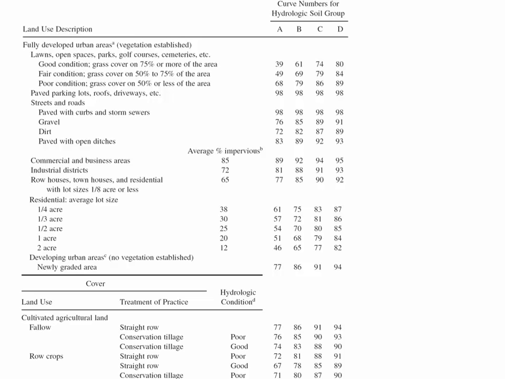And soil type A is a good soil that's well drained. Maybe sandy soils have high conductivity and would be classified as an A soil. C and D soils have lots of clay and are poorly drained. And so you'll notice that you'll have higher curve numbers for the poor soils, class C and D, compared to the good soils, A and B.